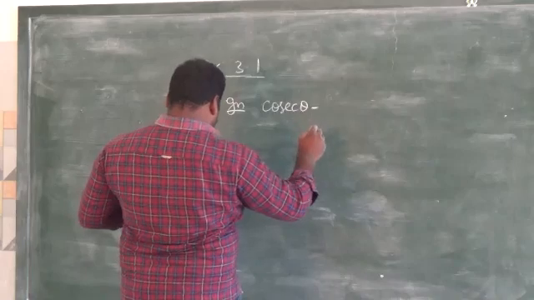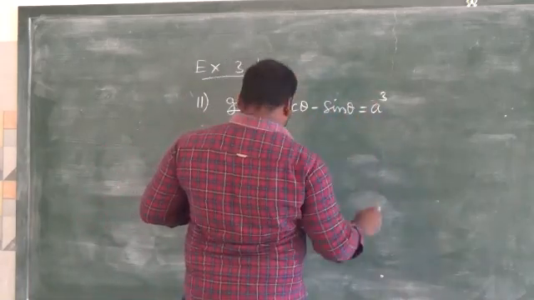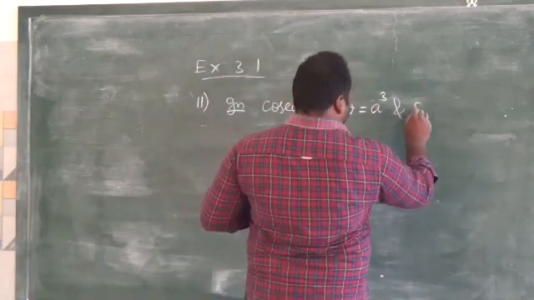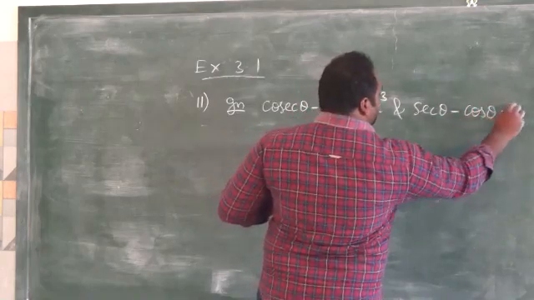Problem number 11, the given conditions: cosecant theta minus sin theta equal to a cube, and secant theta minus cos theta equal to b cube.